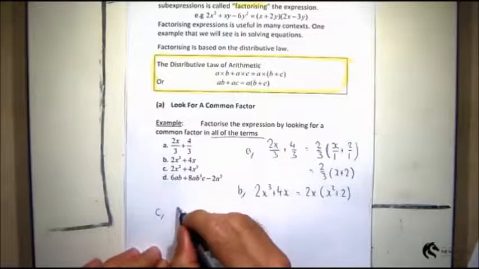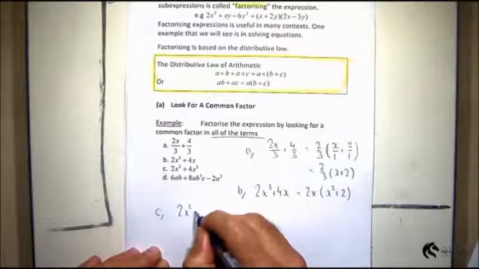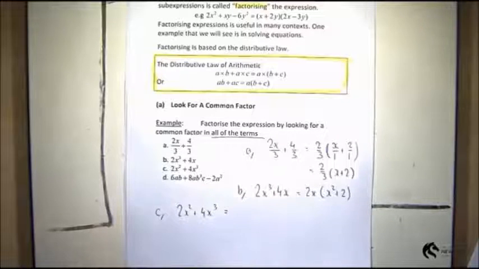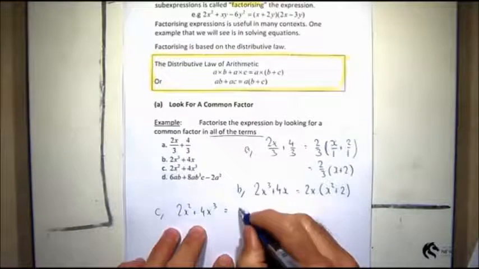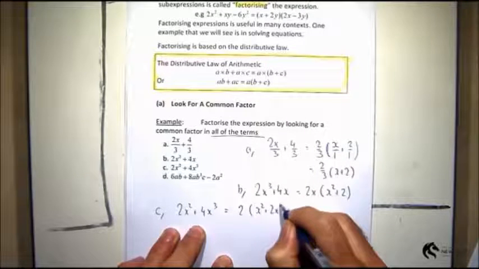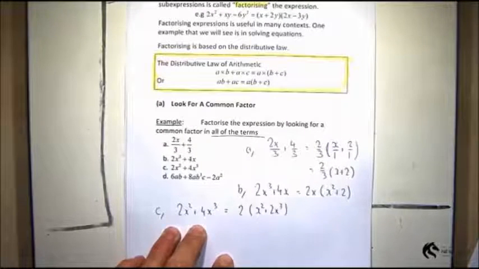C: 2x squared plus 4x cubed. Now, I could write this in a lot of different ways. I can see 2 is common to everything, so I could write that as 2 times (x squared plus 2x cubed). That's certainly a factorisation.